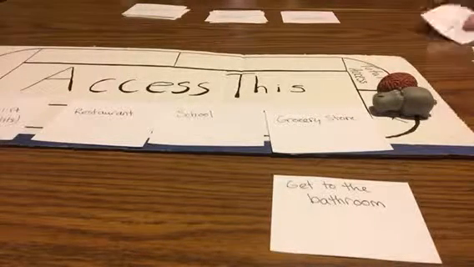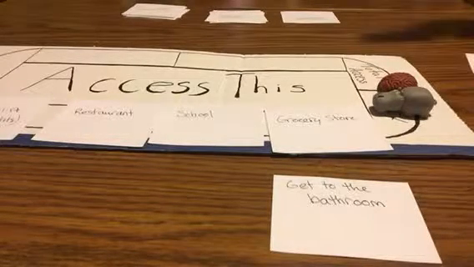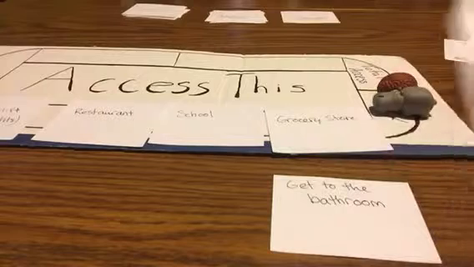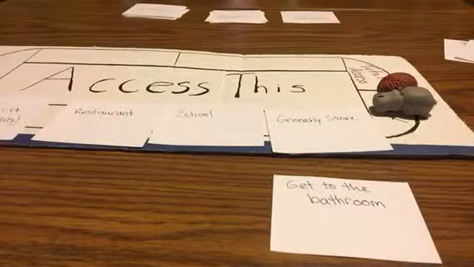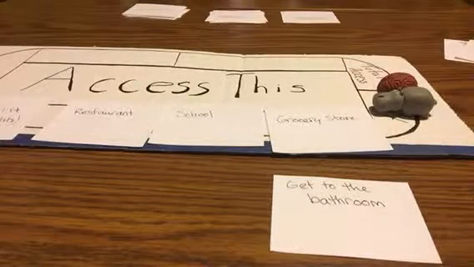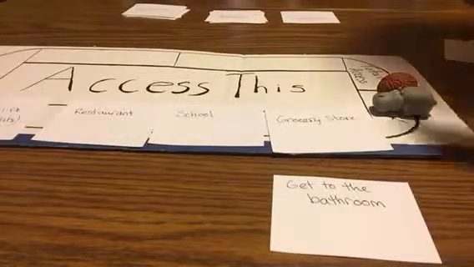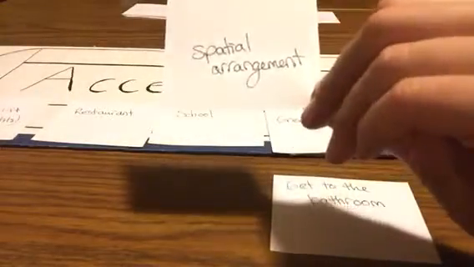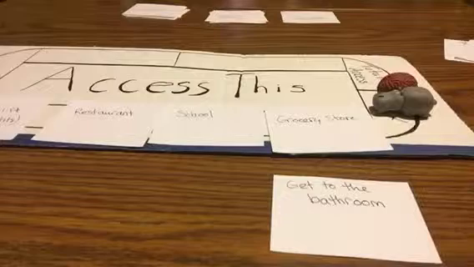But to make that easier, I think having really good spatial arrangement could help someone with hemiplegia, because you want to make sure they don't run into anything or hit their impaired right arm on anything, because then I could hurt myself and not even know it. So I am going to use spatial arrangement to make it easier for someone with hemiplegia by just making more space around the bathroom.